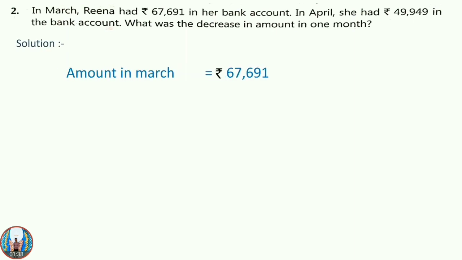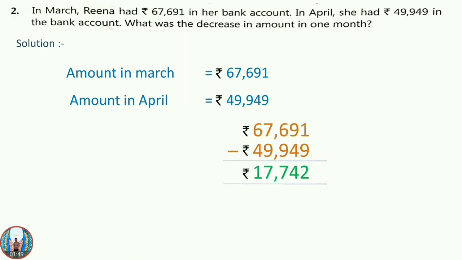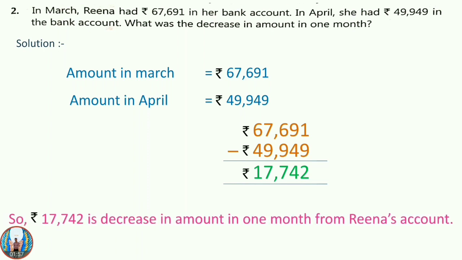The solution. Amount in March 67,691 rupees. Amount in April 49,949 rupees. So the difference is 17,742 rupees. So 17,742 rupees is the decrease in amount in 1 month from Reena's account.